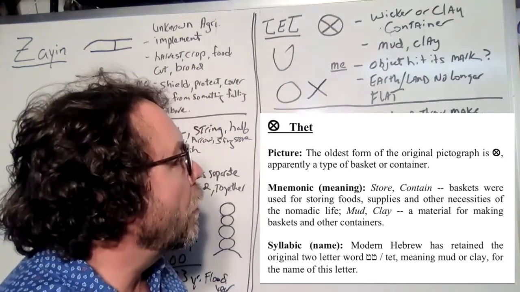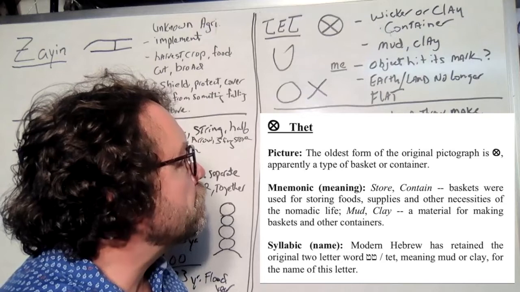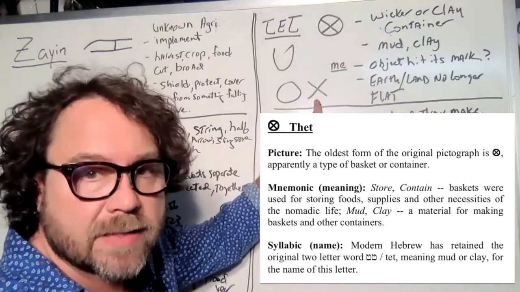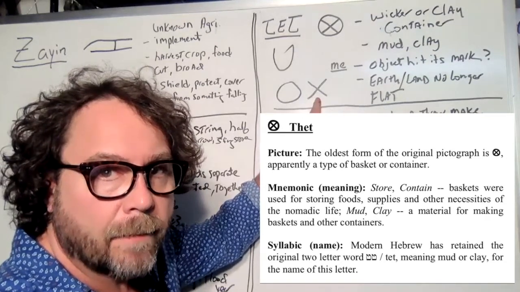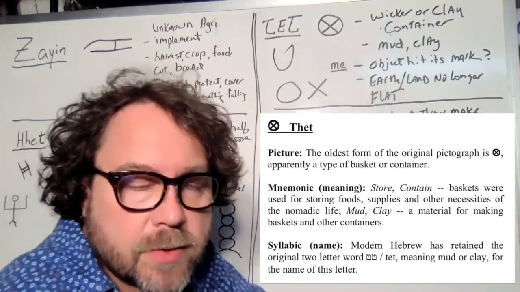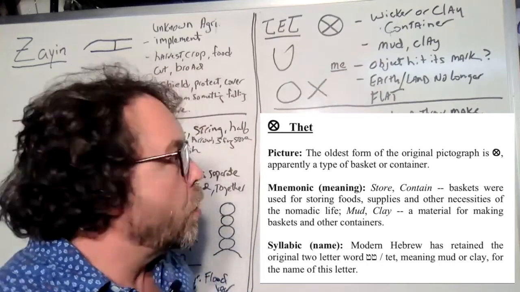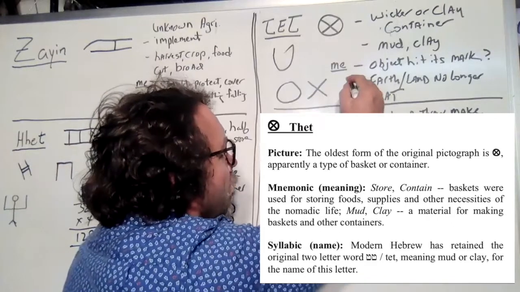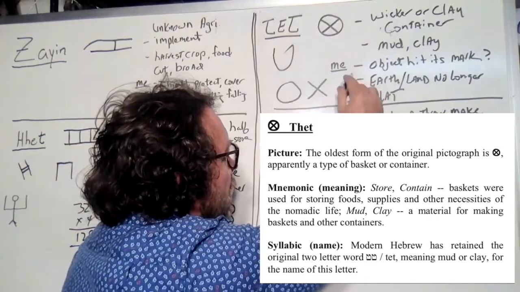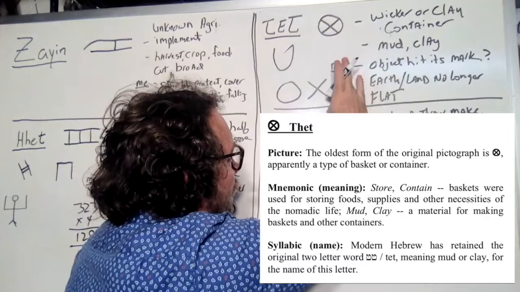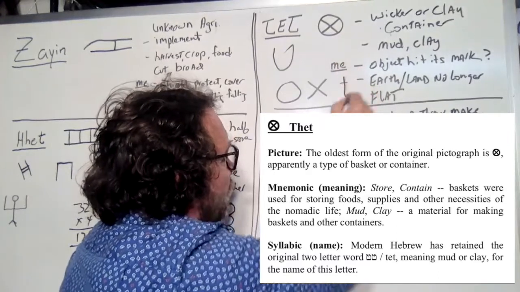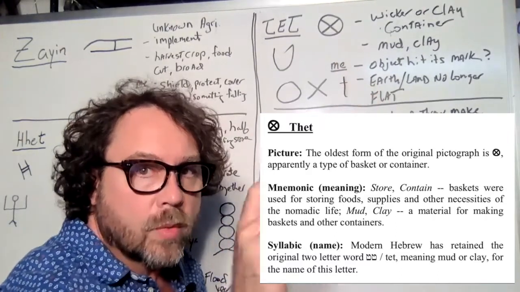Now, let's talk about the X first, because there's another letter where it's straight up and down, and it's crossed this way, and we'll get into that one later.